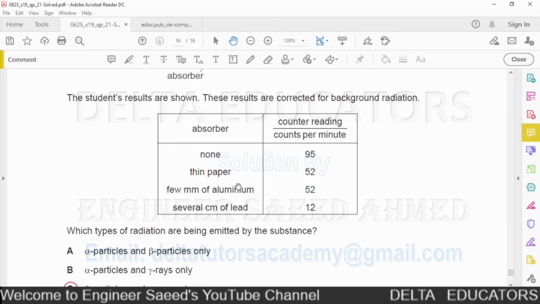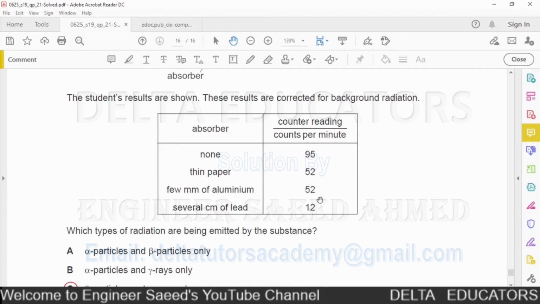When he kept a few millimeters of aluminum, the count rate is the same. Before it was 52, again it is 52. By a sheet of aluminum, beta particles are stopped but gamma rays are not stopped. Since with a few millimeters of aluminum the number of particles is the same, it means we don't have beta particles. Whatever radiation passed through will be gamma radiation, because gamma radiations are not stopped by a piece of aluminum.